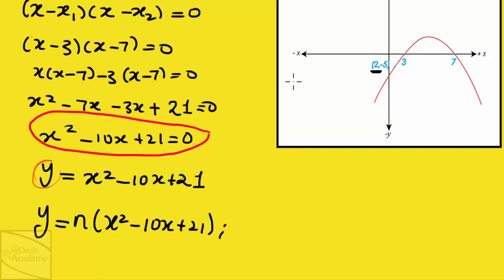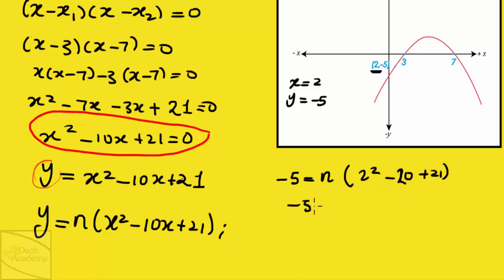The coordinates of this point: the x coordinate is 2 and the y coordinate is minus 5. Since this point lies on the curve, its coordinates must satisfy the equation of the curve. So to determine n, replace y with minus 5, since we're looking for n, n is an unknown, and replace x with 2. That gives 10 times 2, so 20, plus 21.